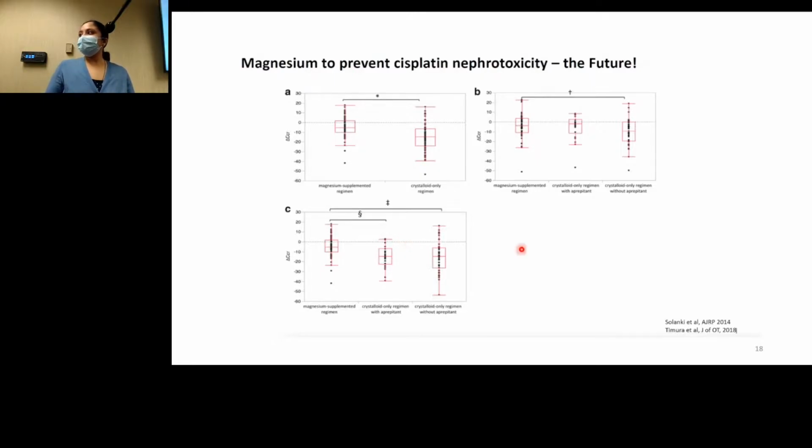These are a couple of studies which have been done to show that when only a crystalloid regimen is given before cisplatin, there is a higher change in creatinine, whereas if patients are given a magnesium-supplemented regimen, there is a lower change of creatinine in these patients. So again, something to look into in future, giving magnesium to prevent cisplatin nephrotoxicity.